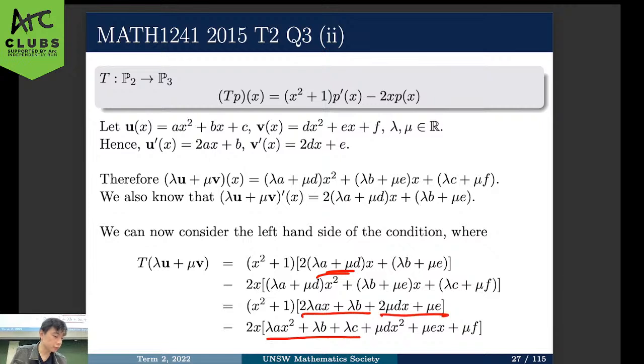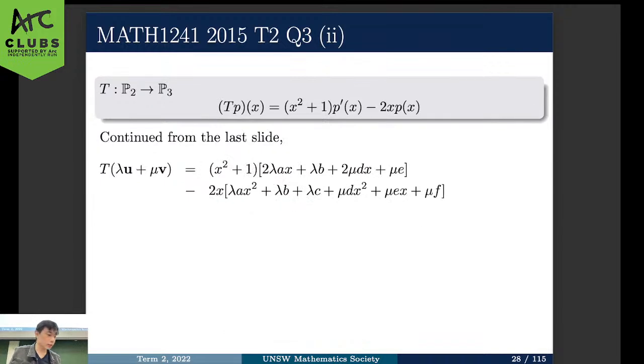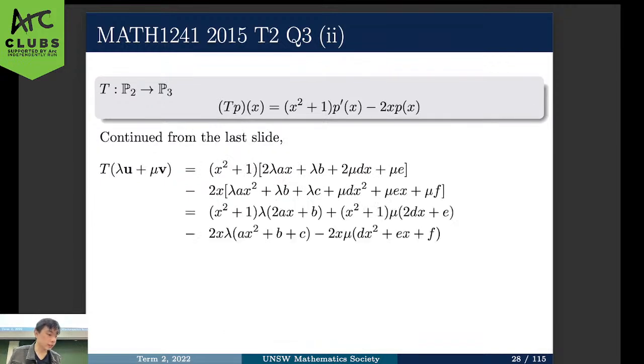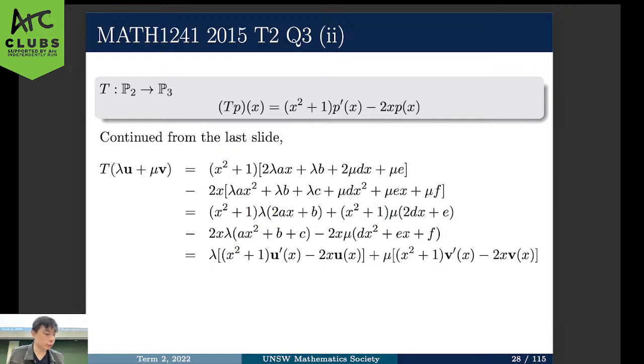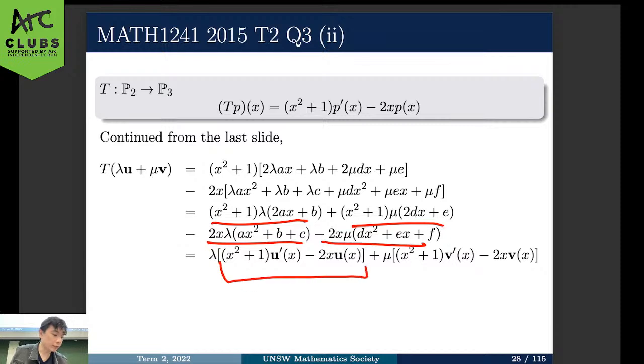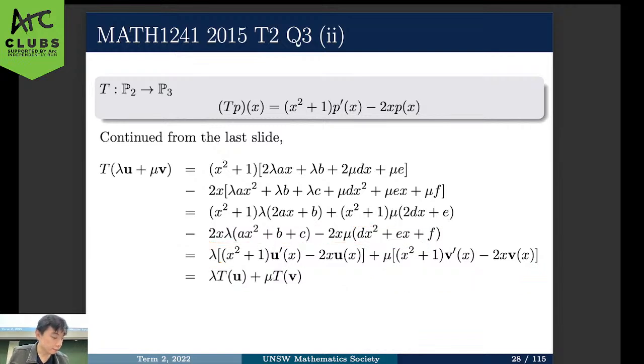Then we continue from our last slide and factorize out the lambda and mu, and we can group up this term with this term and this term with this term, and we actually get the individual vectors being put into the transformation, and that gives us the final line of the right-hand side of the condition.